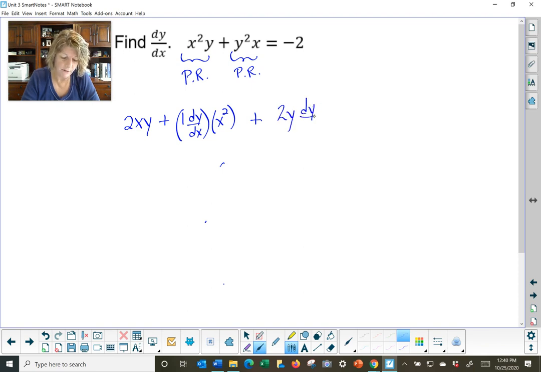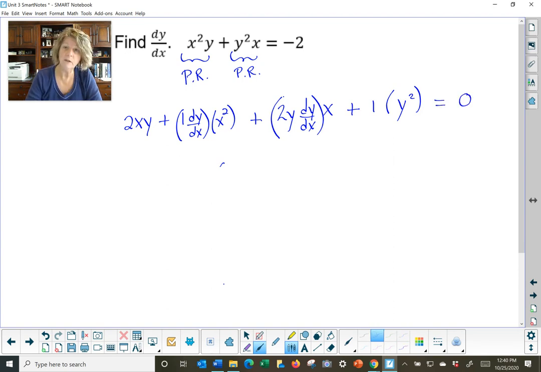Got to take account that the variable is not x, so dy/dx, and then multiplied by the first. Plus the derivative of the second thing, which is 1, multiplied by the first function, y squared, equals 0.